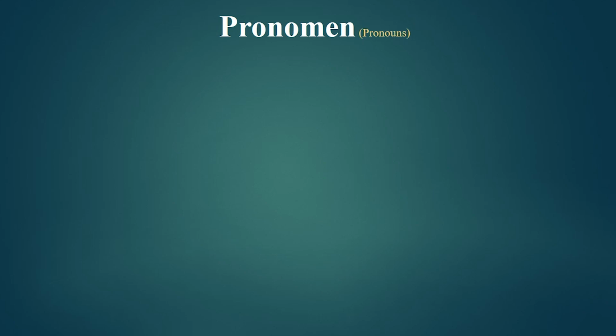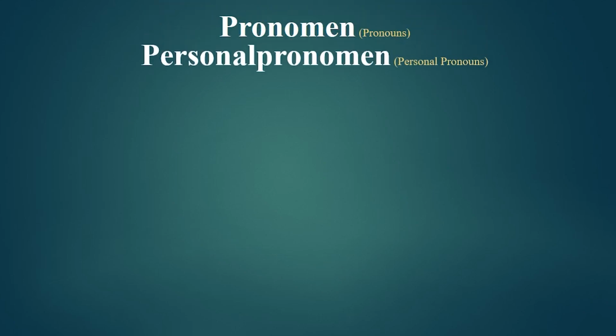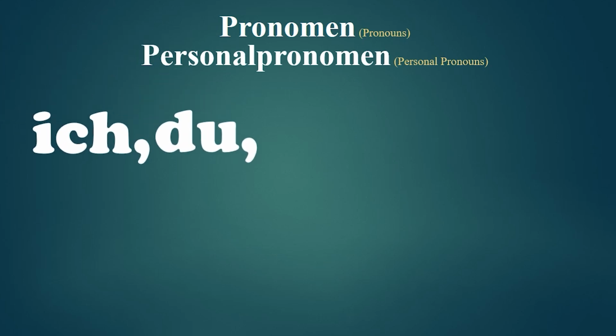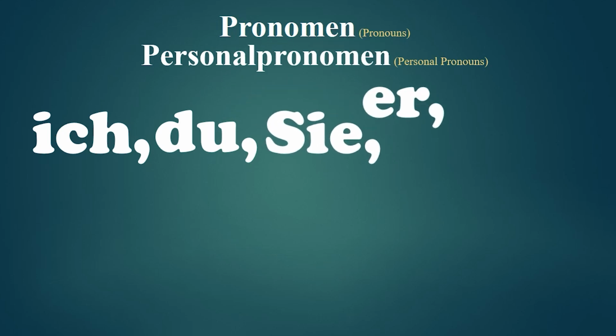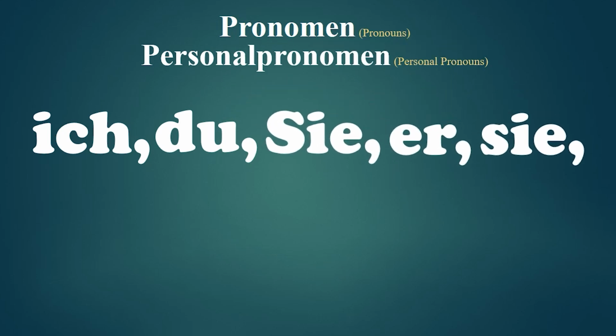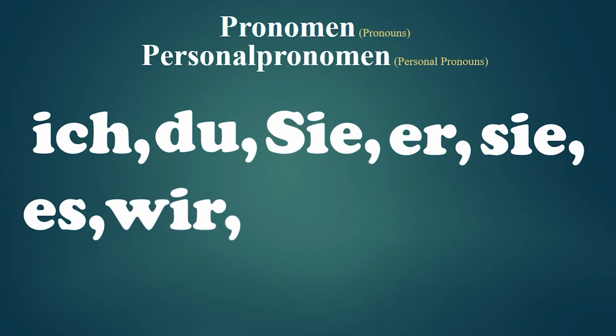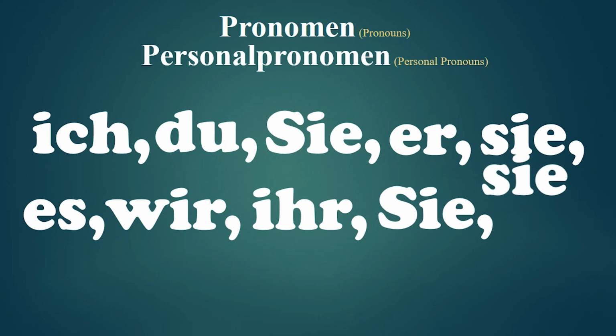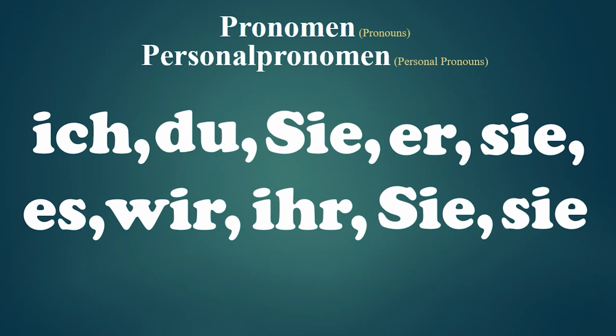Pronomen, still on pronouns, particularly dealing with personal pronouns, personal Pronomen, and we are having a summary of the pronouns ich, du, sie, er, sie, es, wir, ihr, sie, and sie.